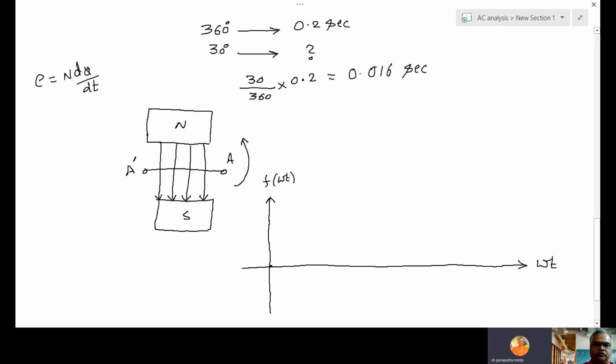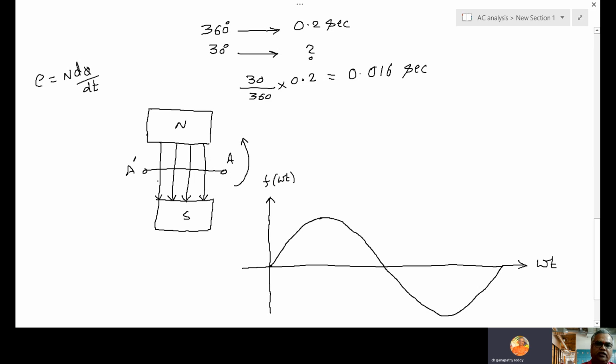So horizontal 0, then it will go to maximum value. Then again horizontal come to 0. Then again reverse, vertical, it will go to negative maximum. Again go to 0. So this is one sine wave.